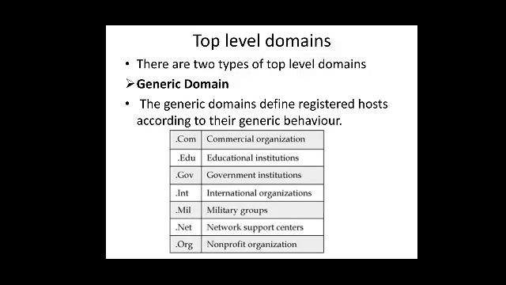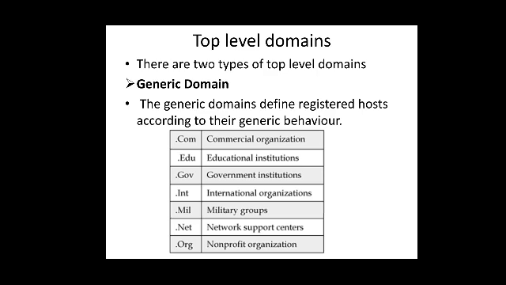These top level domains, related to generic domain or country domain, are issued and maintained by the international authority. So you cannot have your own top level domain. They are not flexible. If they want to introduce more top level domains, it has to be done at the international level.